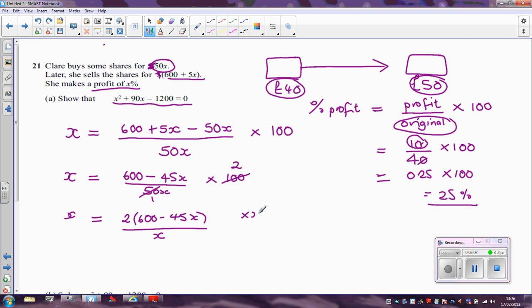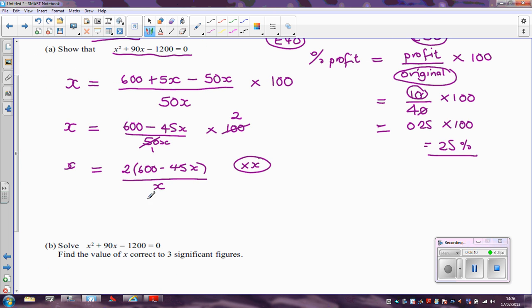I'm now going to multiply both sides by the denominator on the right-hand side to get rid of that fraction. So multiplying by x, the left-hand side now is x squared. And on the right-hand side, if I remove the brackets, 2 times 600 is 1200, and 2 times minus 45x is minus 90x. Now, it's a bit of a mess. I'm now going to make the right-hand side 0.